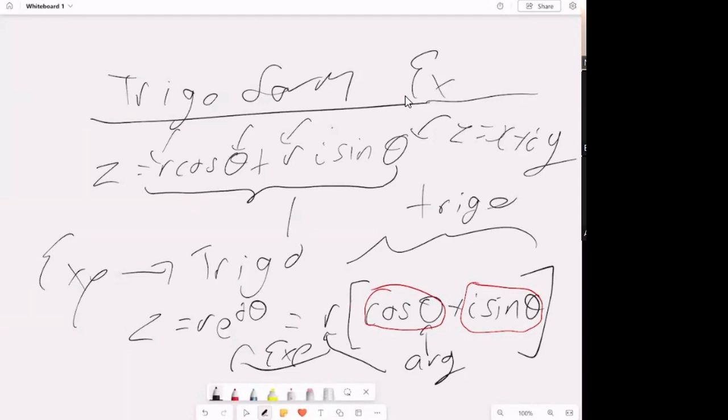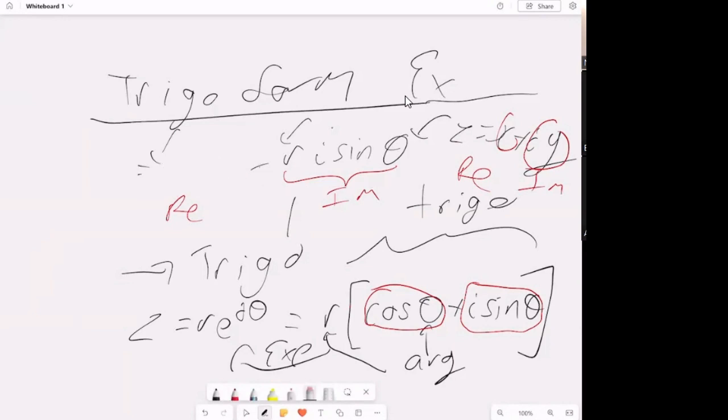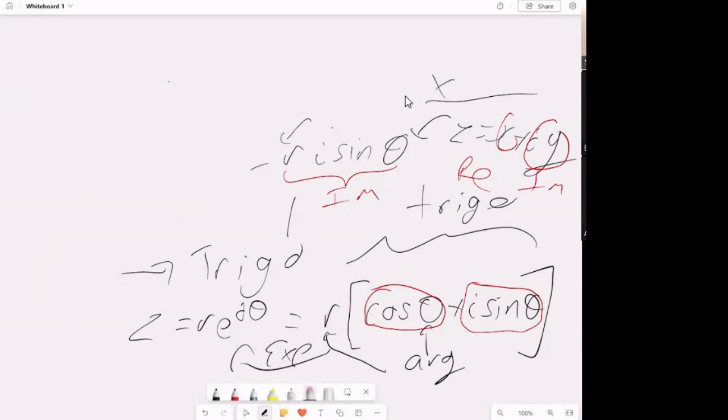So you can see here, this is the real component and this is the imaginary component, just like how this is the imaginary component and this is the real component. Okay, so that's the three forms. Honestly, that covers at least 25% of complex numbers already.